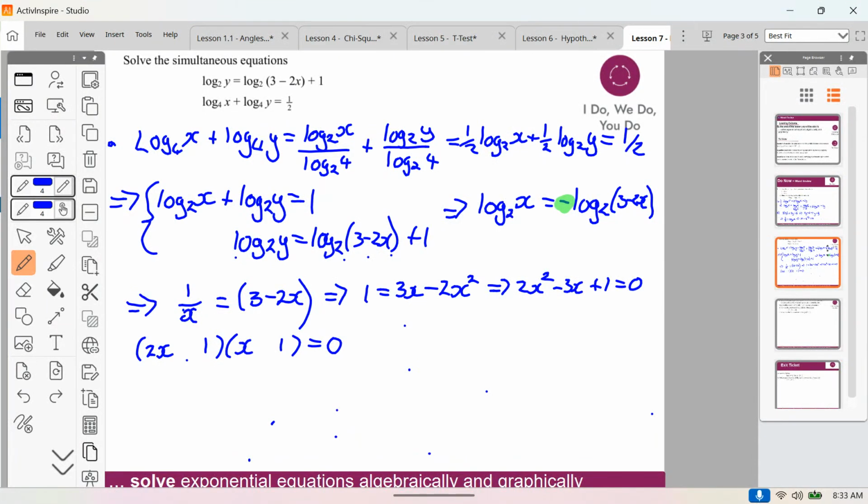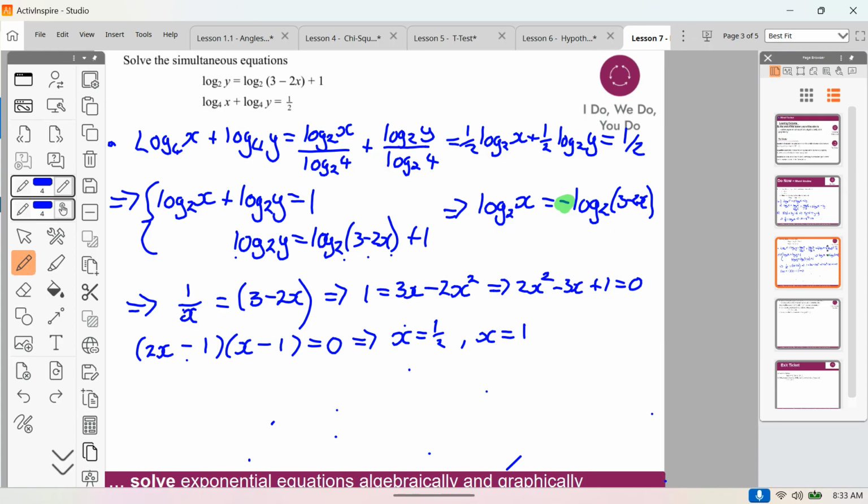Right. This gives me minus 3x plus 2x. Yep. Okay. So I factor it like this. It gives me x equals a half, x equals 1.